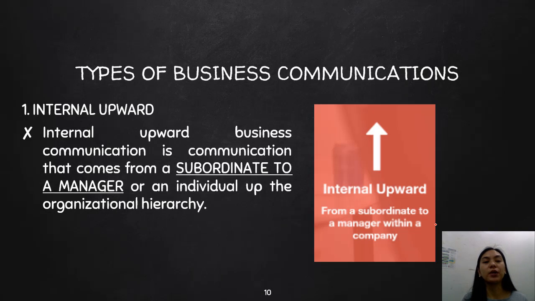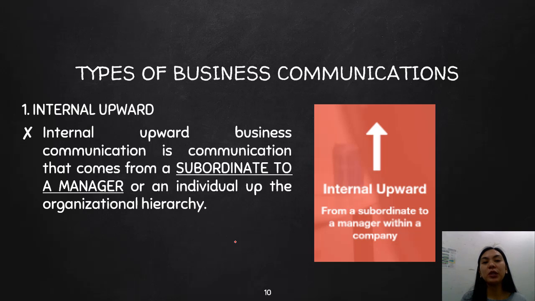So let's go to the first one, your internal upward. It says here, internal upward business communication is communication that comes from a subordinate to a manager or an individual up the organizational hierarchy. So let's take a look at our setting. For example, I, as your instructor, will be making a communication letter or any type of communication to my superior, which in this case is our dean.